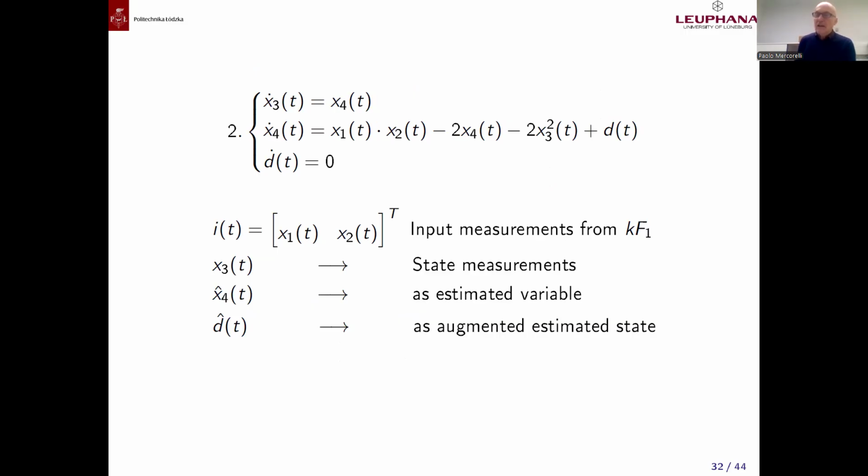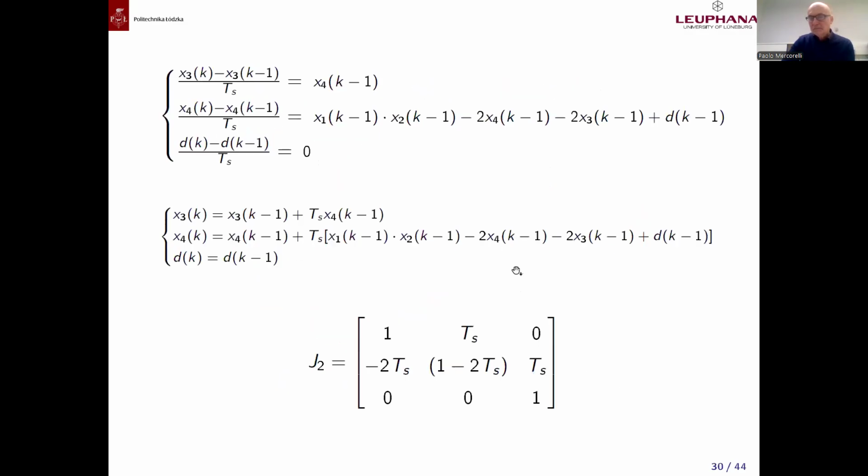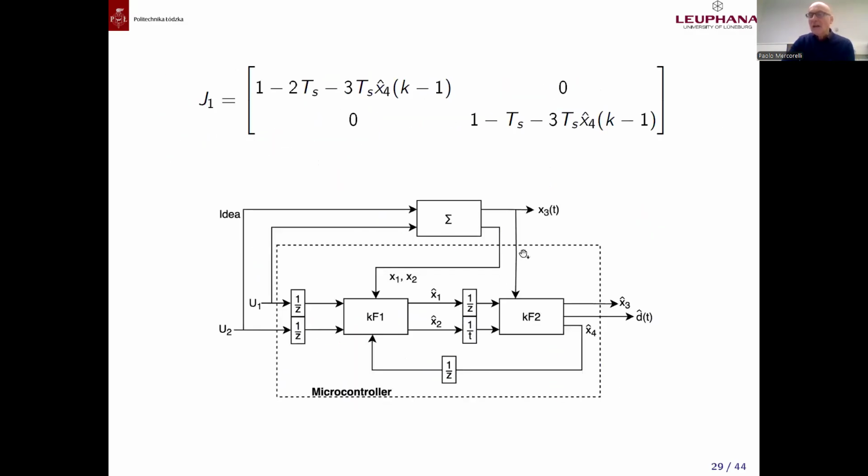X1 and x2 are the input for the second Kalman filter, which came from the Kalman filter 1. Very interesting that x3 we measured together with x1 and x2, but we use it just for the Kalman filter 2.